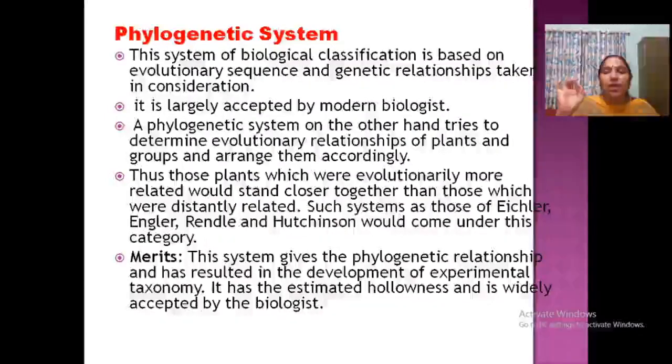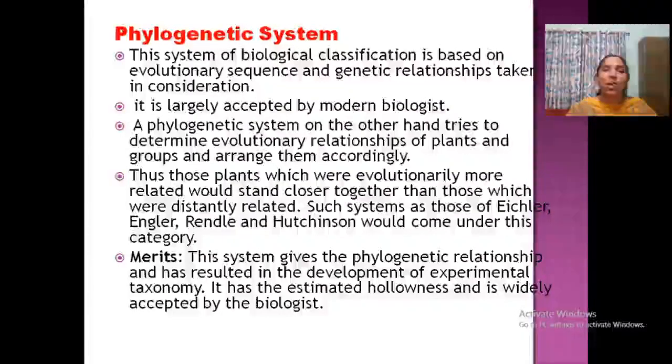Those which are evolutionarily more related are kept together, and those which are distantly related are kept separately. Examples are Eichler classification, Engler classification, Rendle and Hutchinson. They are all phylogenetic systems. The merit is that it gives phylogenetic relationship, resulted in the development of experimental taxonomy, and is widely accepted by biologists.